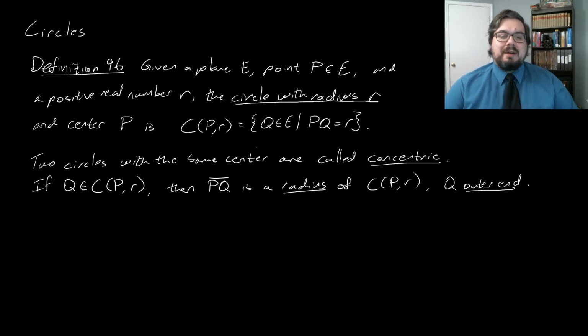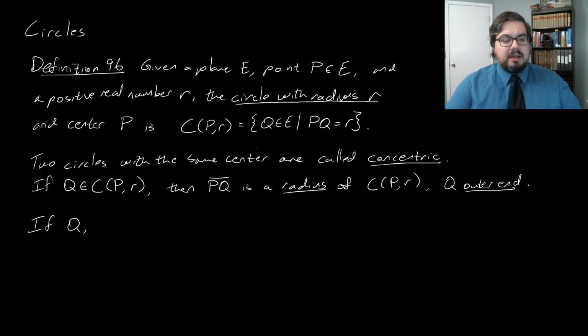We will often talk about the radius of a circle. When we talk about the radius of a circle, we mean the distance from the center of the circle to any point on the circle. When we talk about a radius of a circle, we're talking about a segment that goes from the center of the circle out to some point on the circle itself.